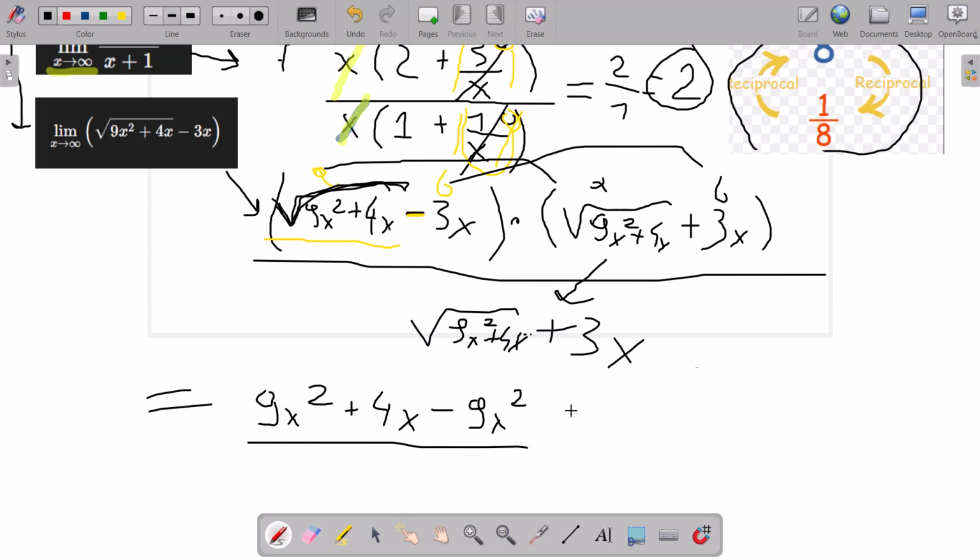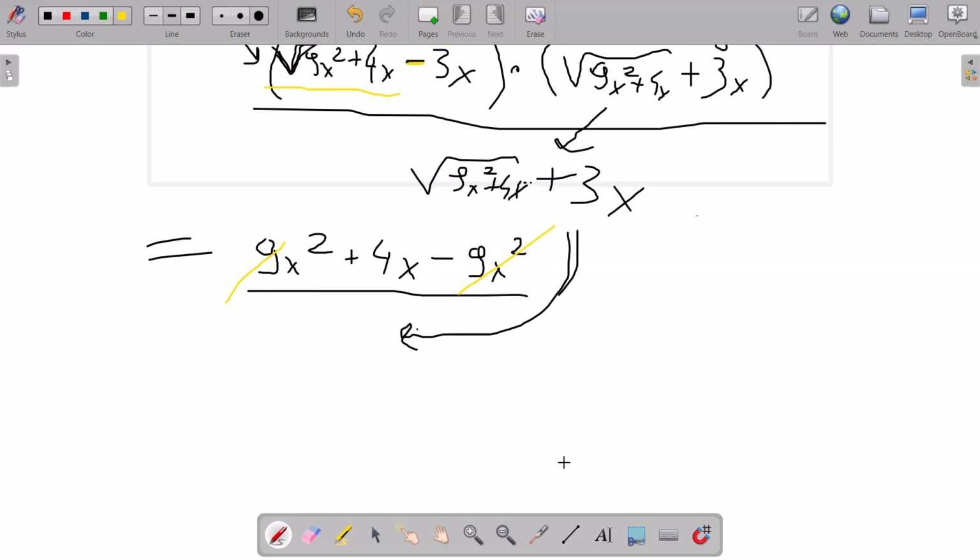Perfect. And in the denominator we write again this expression, but we will take care of it later. Now, as you can see, we can eliminate 9x squared because 9 minus 9 is 0. So what is left is only 4x in the numerator.